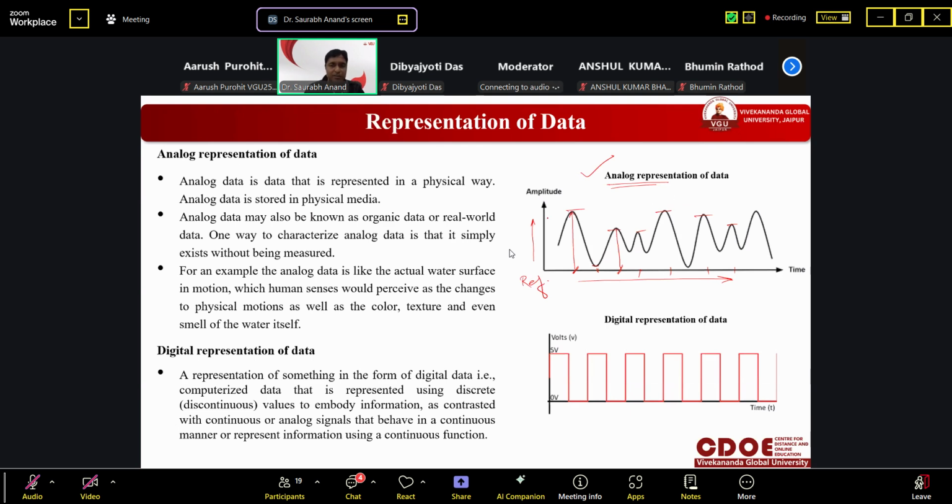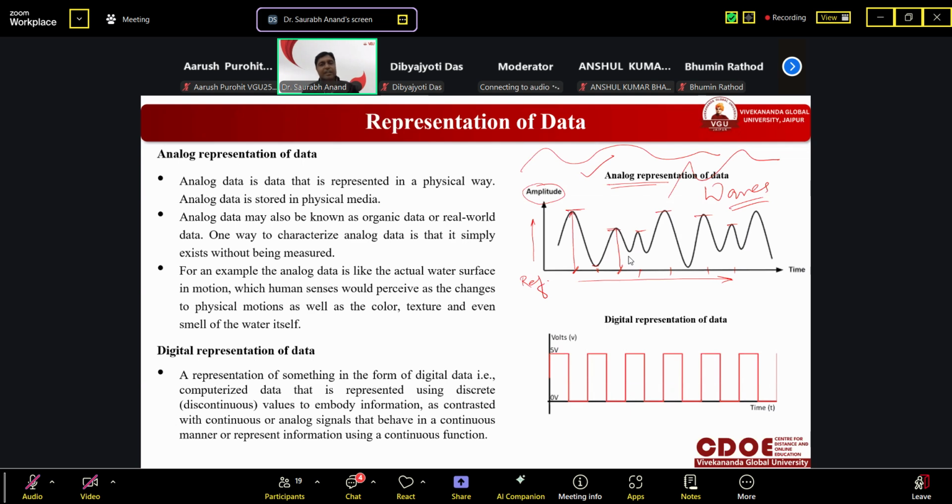Okay, so this is amplitude, this is the height of the signal. This height is not the same at every time. It may be the same, but it is not required. It may change, it may be increased or decreased. So the signal which is in the form of waves, this is a wave. It may be this, it may be this. There is no certain shape of the analog signal.